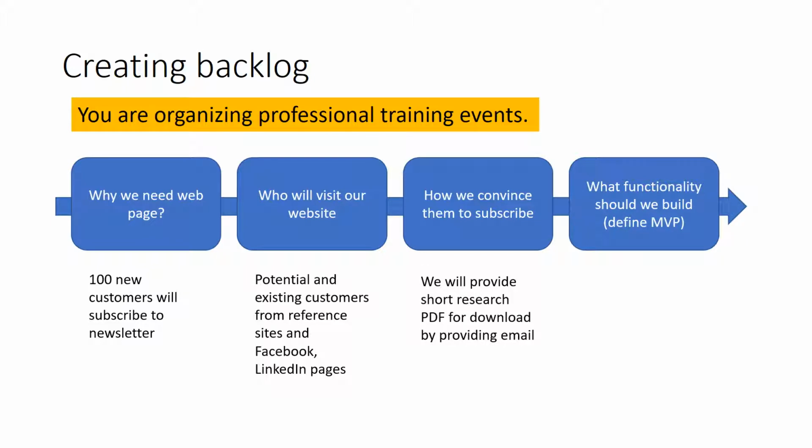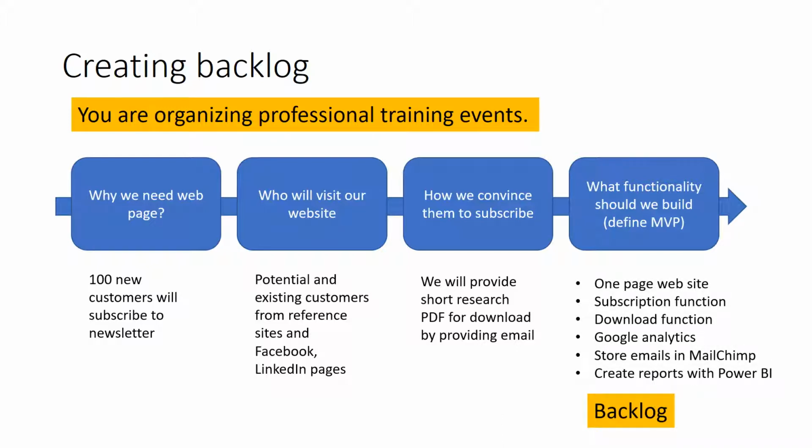And how will we convince them, what behavior do we expect? They will subscribe to our events. The idea is that we will provide valuable materials for download, and by providing their email, they will be able to download these materials.